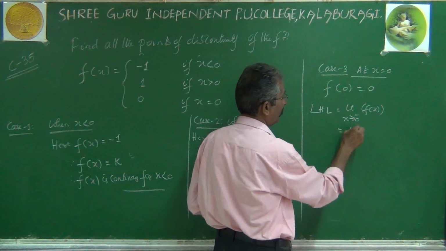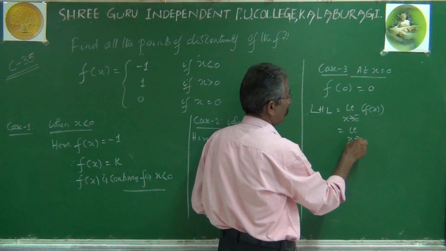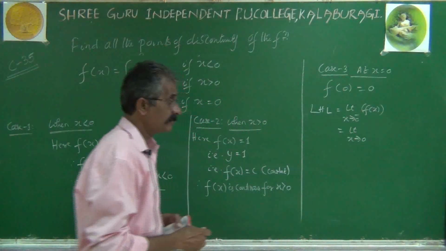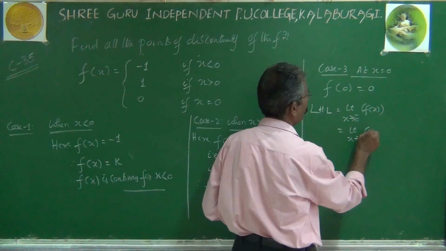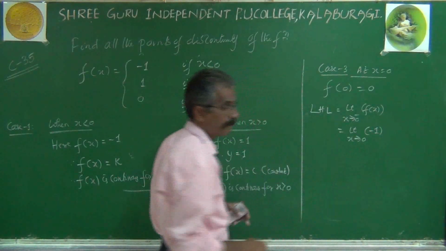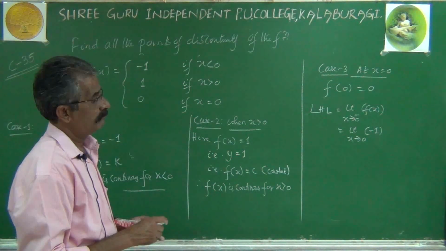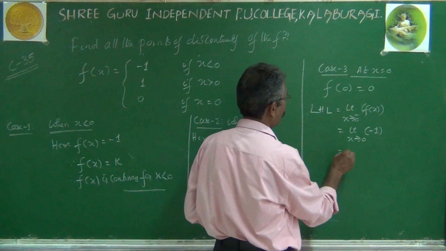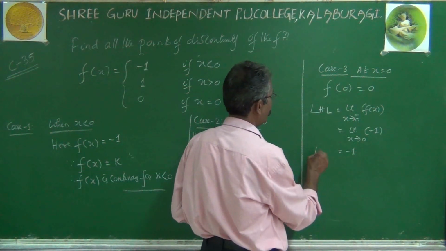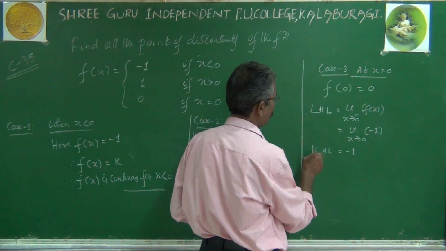What is the meaning of 0 minus? Less than 0. When x is less than 0, the function value is minus 1. But the limit of a constant is constant, so the limit of minus 1 is minus 1. This is the LHL.